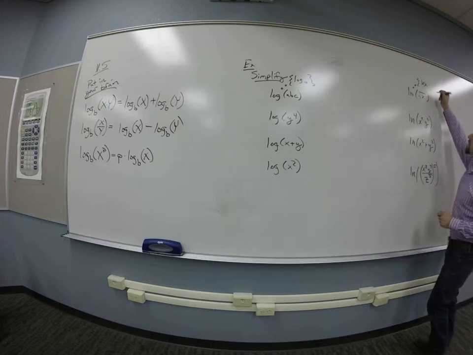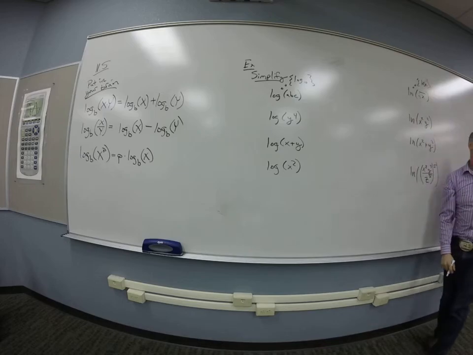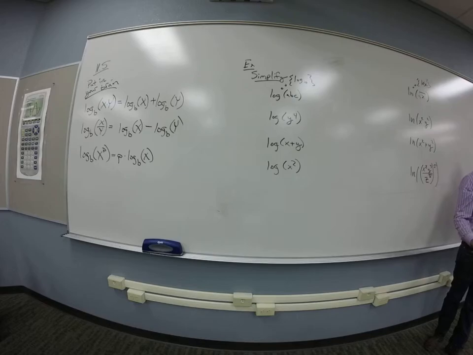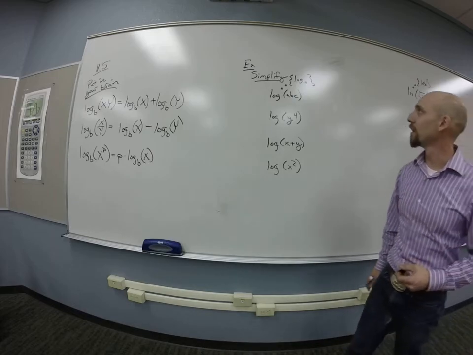That's e, the Euler constant. It's a number that gets used in science, like 2.718 something. This is a fundamental thing for calculus, actually, so it's a good idea to put in your head. For some reason, that number is really special. Cool. We'll talk about why at another point.